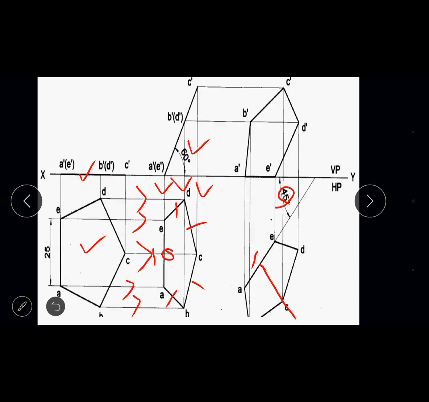Then measure the distance 1 to C and mark this C position on the 90-degree line.